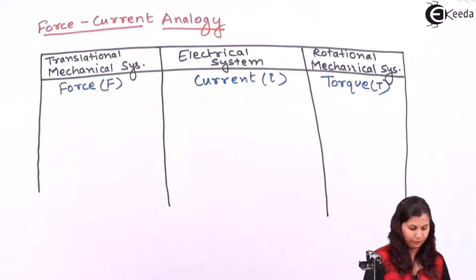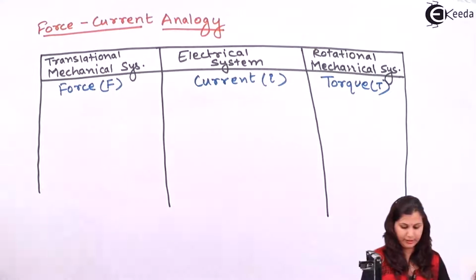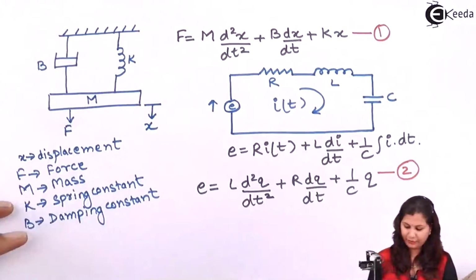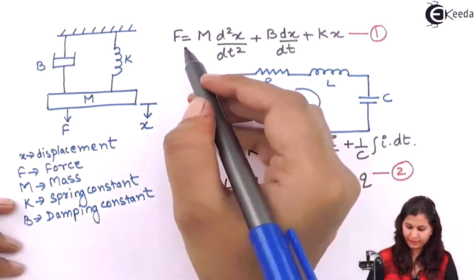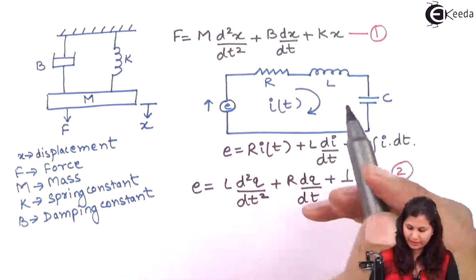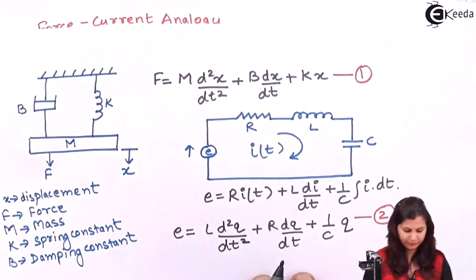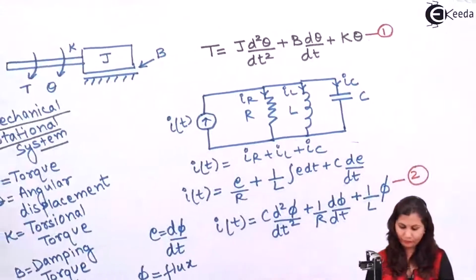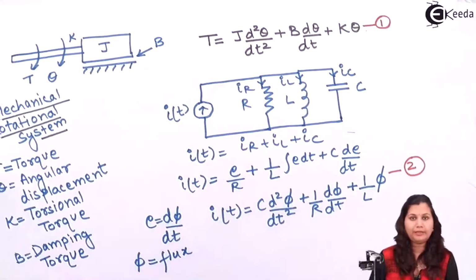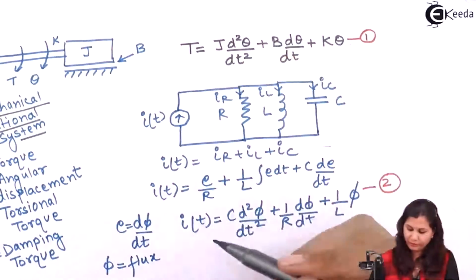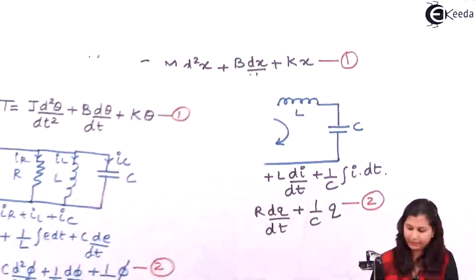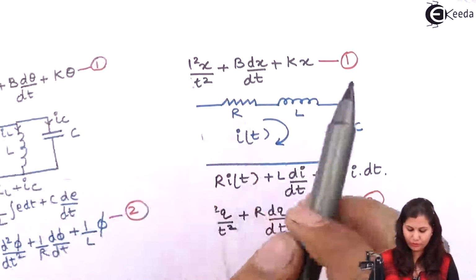Again consider these translational and rotational systems. Here we have this as force, and we will compare this with this parallel combination. So torque will be equal to current, and this will be equal to the force.